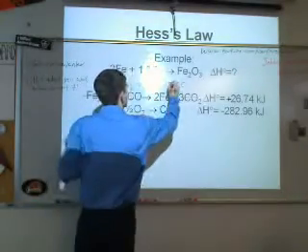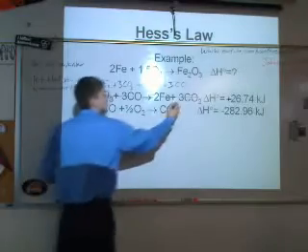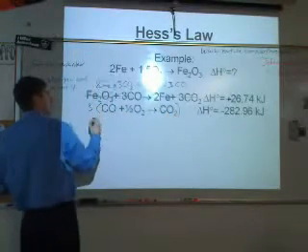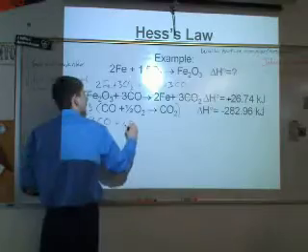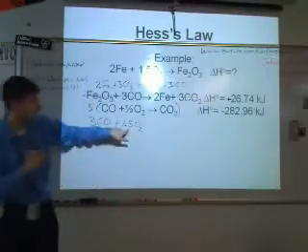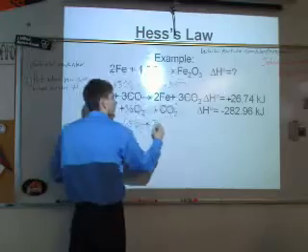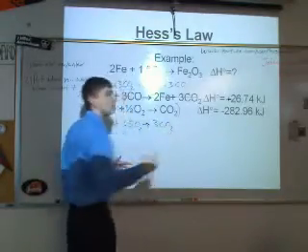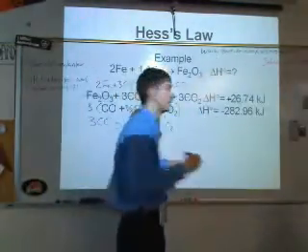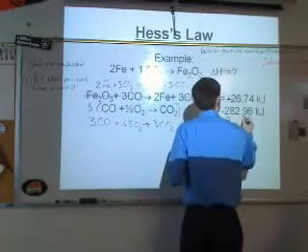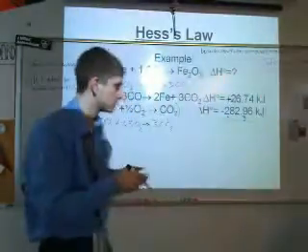You can multiply the bottom one by 3. So you'll have 3CO plus 1.5O2, which is good because that's what we needed anyways, gives you 3CO2. And then just like last time, if you multiply this by 3, you have to multiply this by 3, which I don't know off the top of my head.